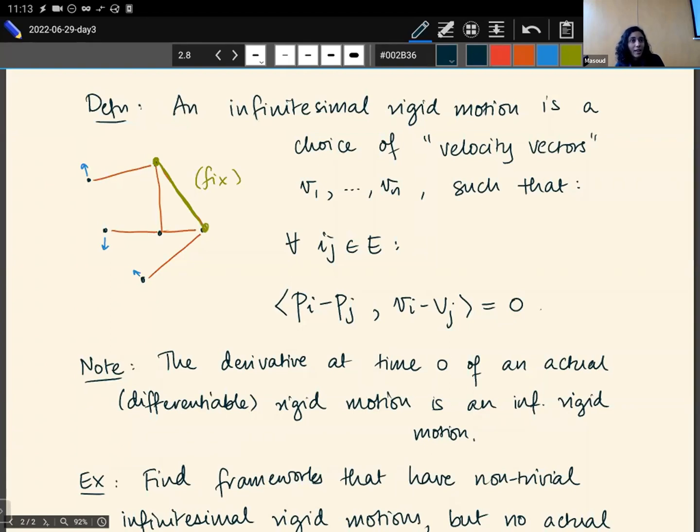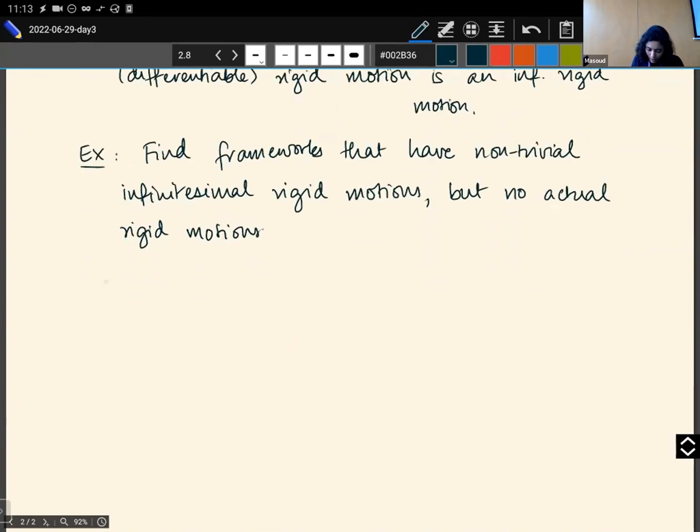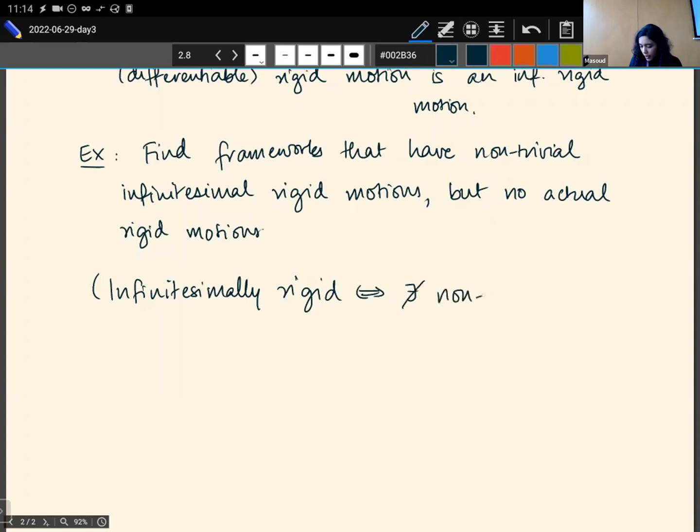It's not going to have any actual rigid motions. So easy proposition. And also, sorry, my convention is to say that infinitesimally rigid is the same as saying that there are no non-trivial infinitesimal rigid motions.